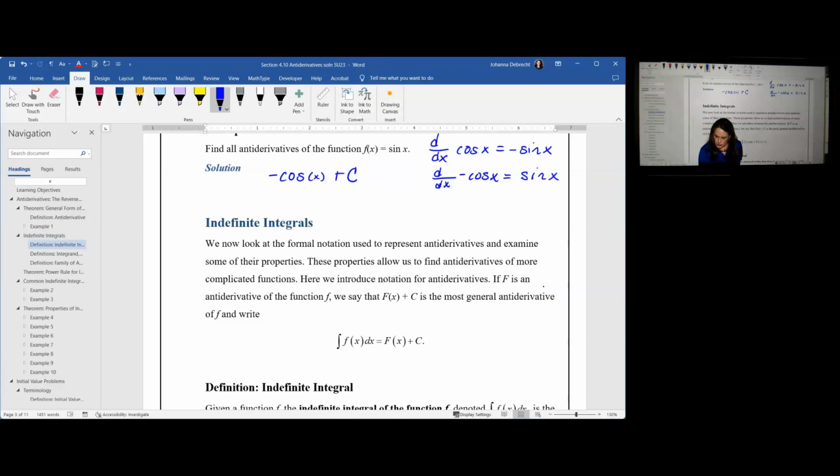The integral looks like an elongated S. If you're looking at it on lined notebook paper, it extends both above and below the line. Make sure that you do not fit the integral inside of a line. Notice that next to it, we have the function that we're trying to find the antiderivative of, lowercase f of x.